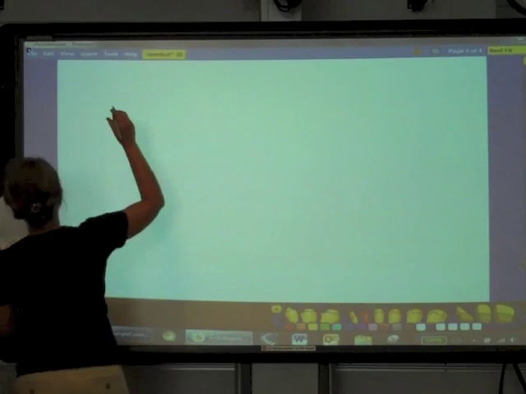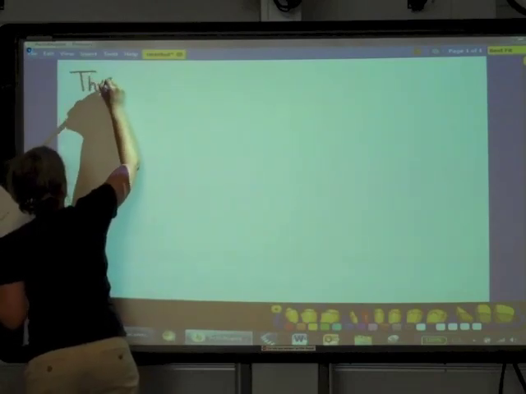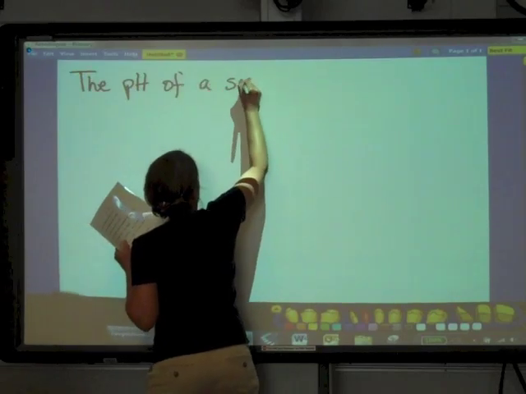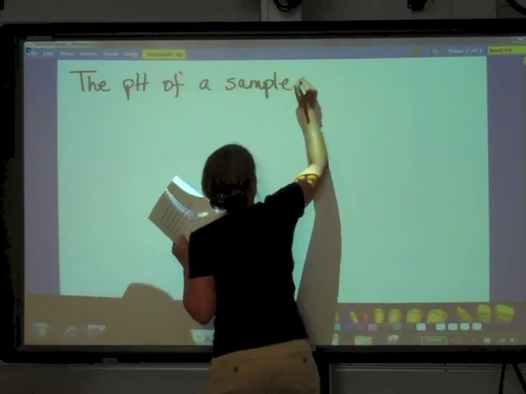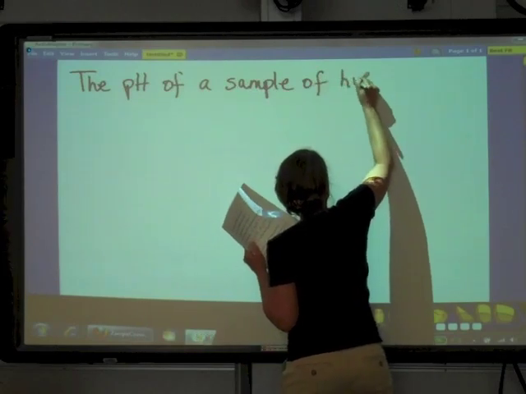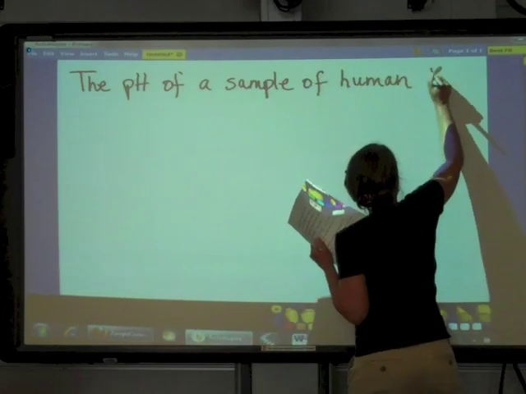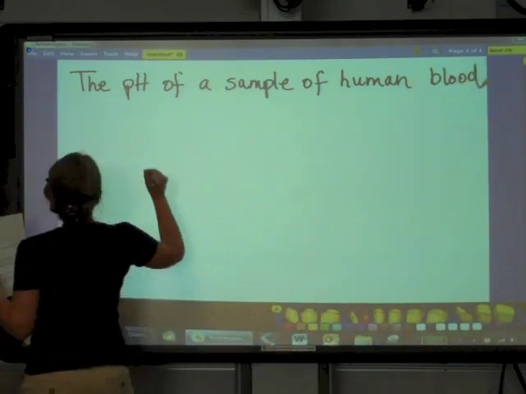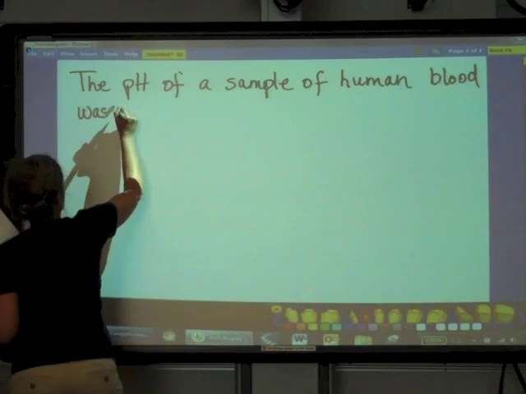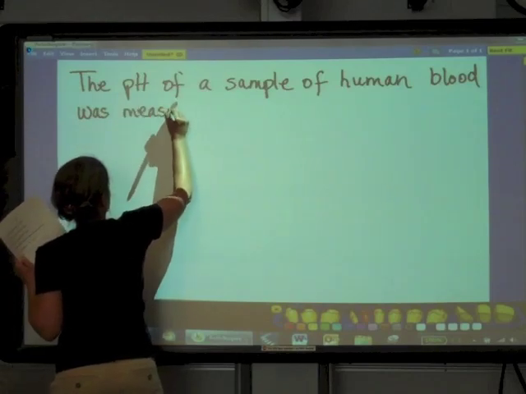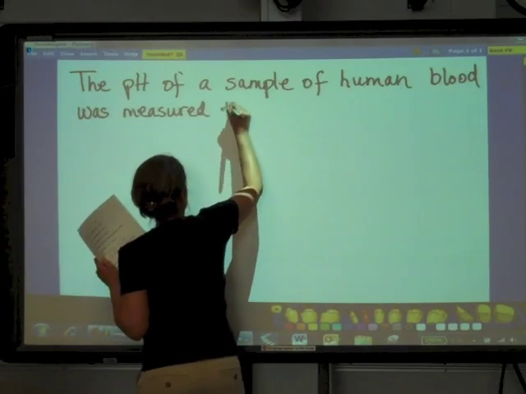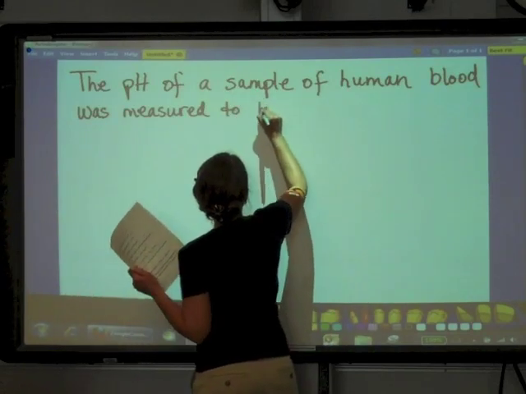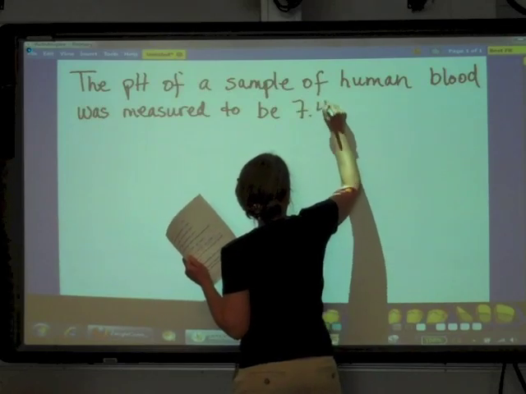So the pH of a sample of human blood was measured to be 7.41 at 25 degrees Celsius.